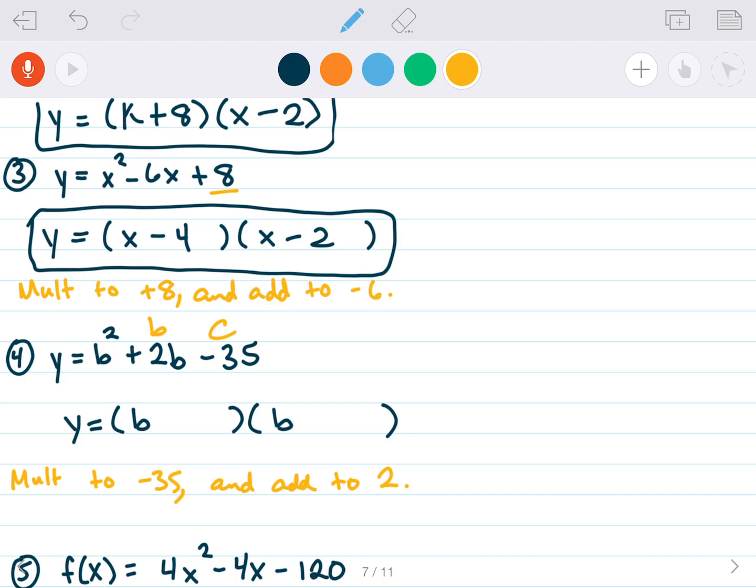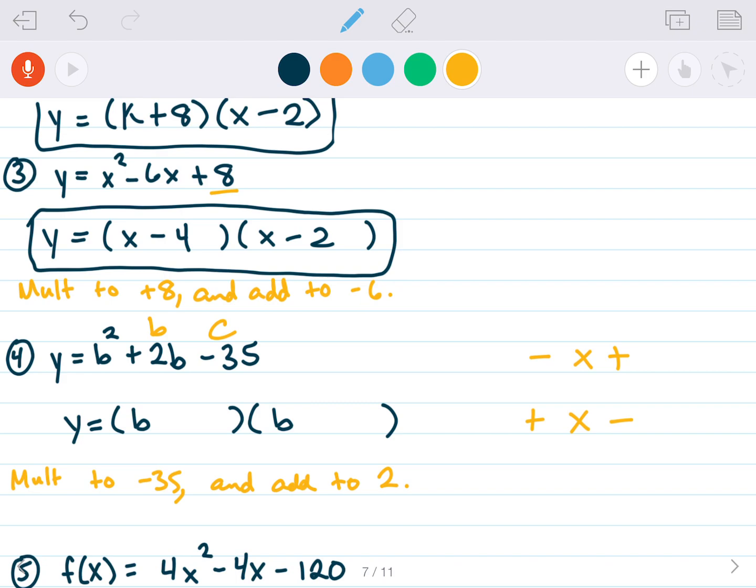So we start with the multiplication bit. We want to find two numbers that multiply to negative 35. Now the only possibility to do that is a negative times a positive, or a positive times a negative. So we know we're going to have one negative and one positive.